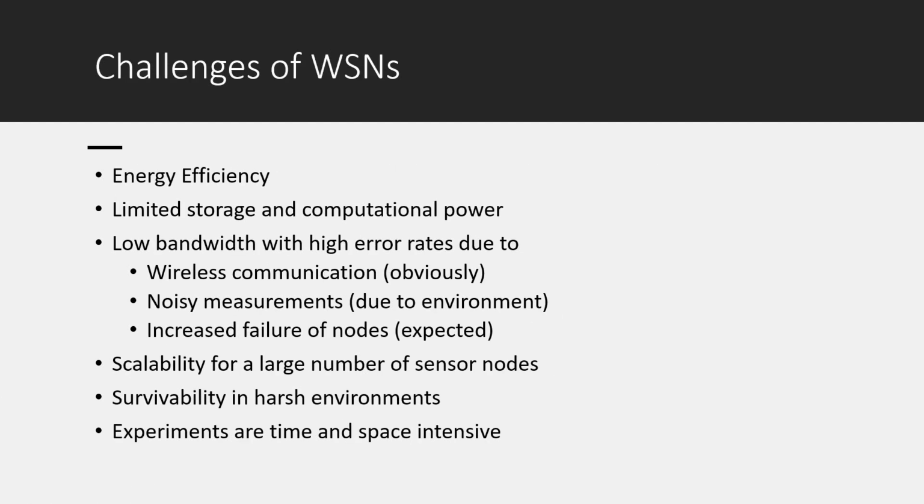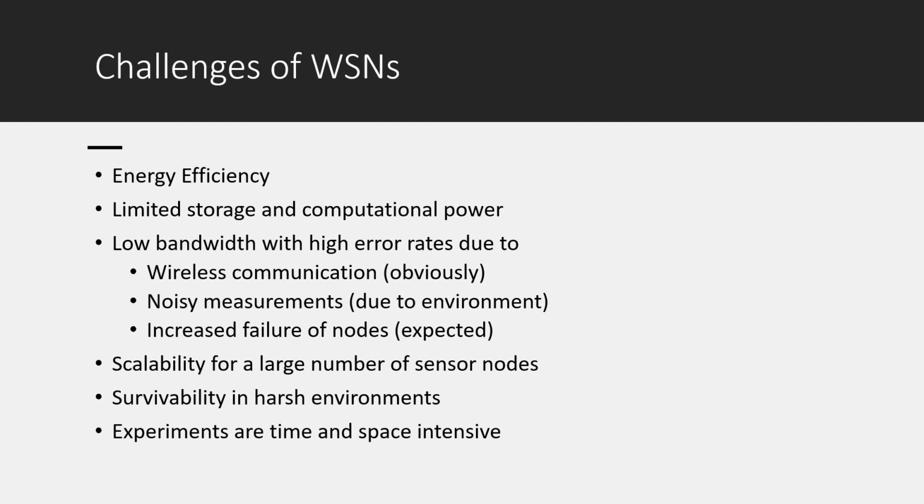Okay, so these are some of the challenges that we face when working with wireless sensor networks. The first one is energy efficiency. As we have already said, you have to be very efficient with your energy, and the nodes have limited storage and computational power. The bandwidth is very low, and the error rates are very high because wireless communication has higher error rates compared to wired communication.